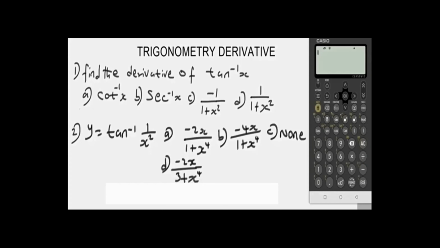So question 2 says find the derivative of tan inverse of 1 over x squared. To bring out the derivative symbol, press the catalog button, function analysis, press execute. Derivative of d over dx.